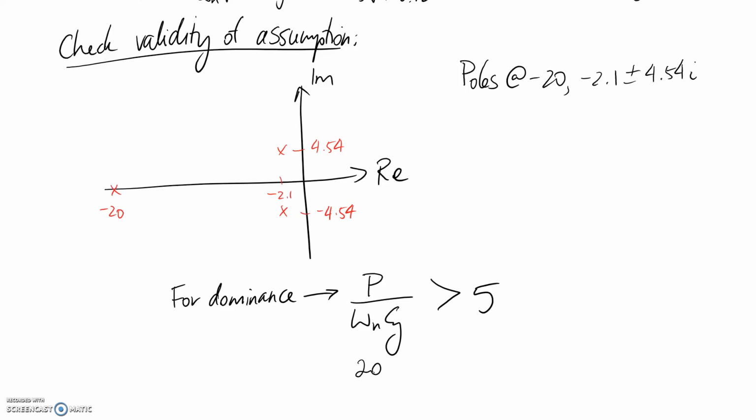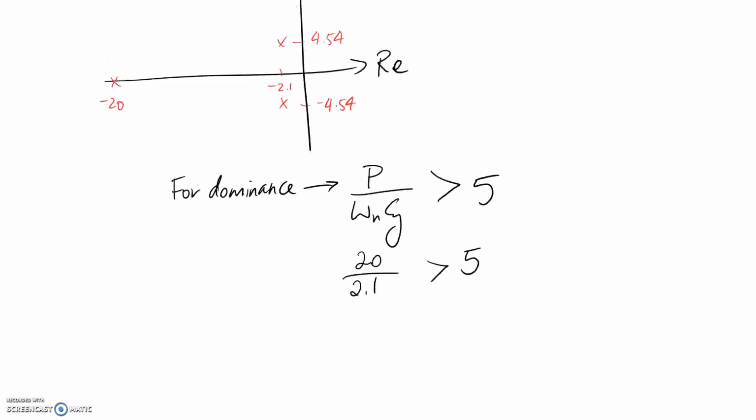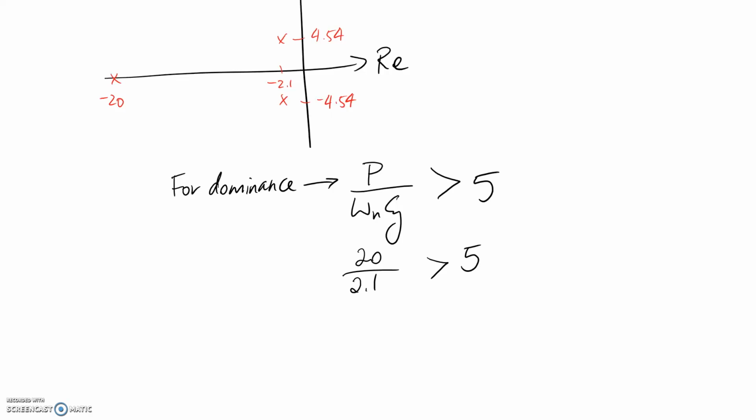Subbing in, P is this 20, omega n zeta was this 2.1, and if you actually compute the number, it comes out to be 9.52. So this is true, this actually is bigger than 5, so therefore the assumption is valid.